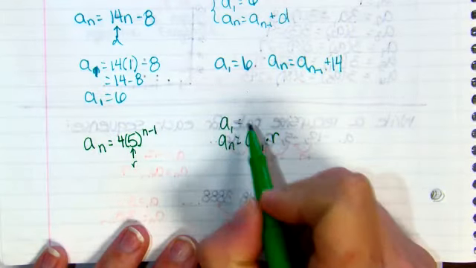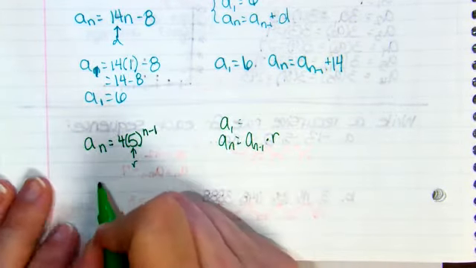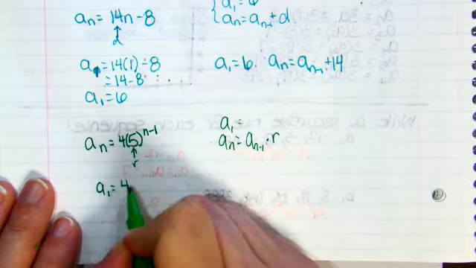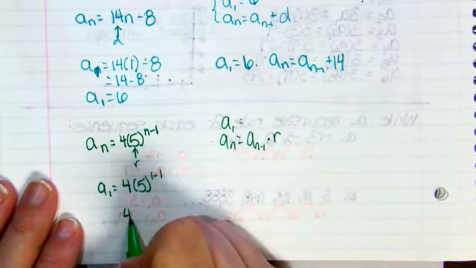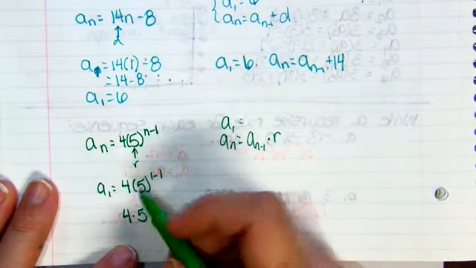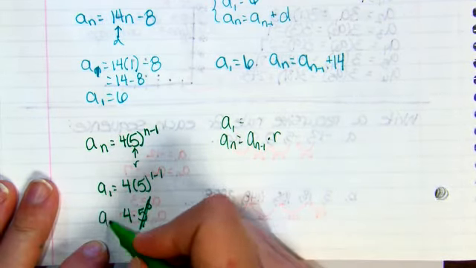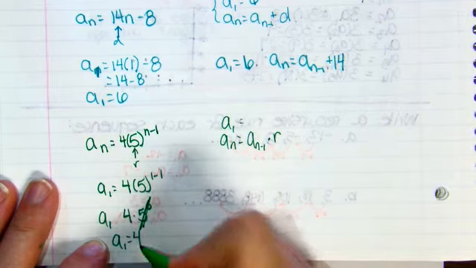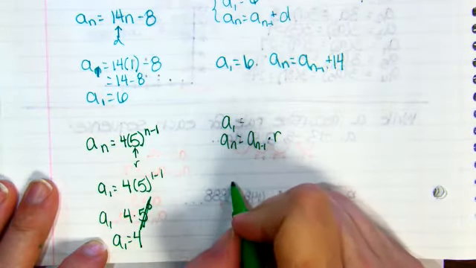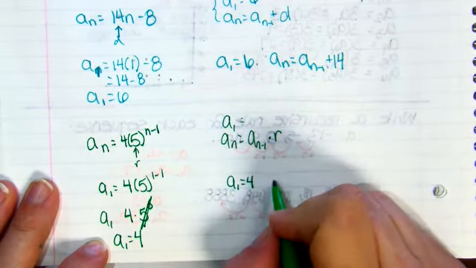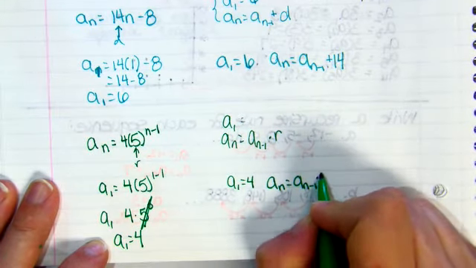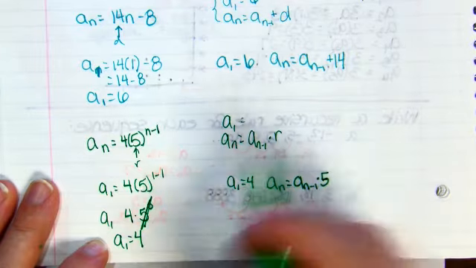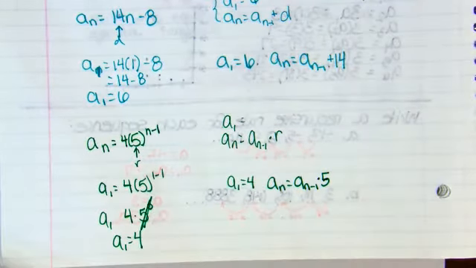So all I really need is my first term. So a sub 1 equals 4 times 5 to the 1 minus 1. That would be 4 times 5 to the 0. 5 to the 0 is just 1. So a sub 1 equals 4. So my recursive formula would be a sub 1 equals 4, a sub n equals a sub n minus 1 times 5. And that's all I need to do for those.